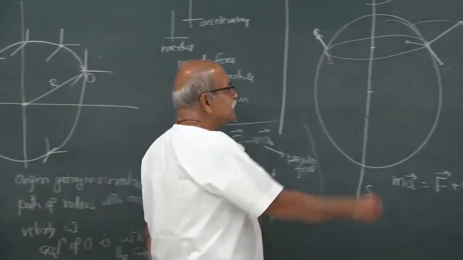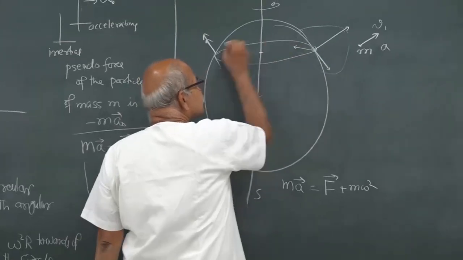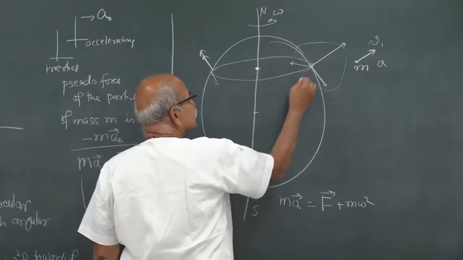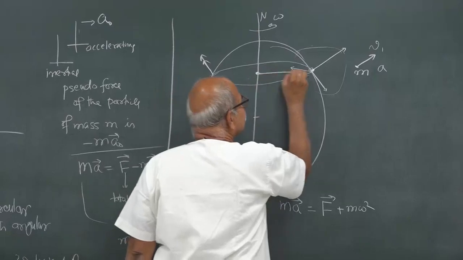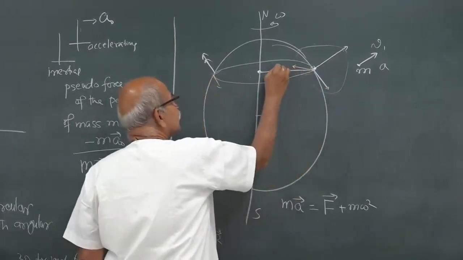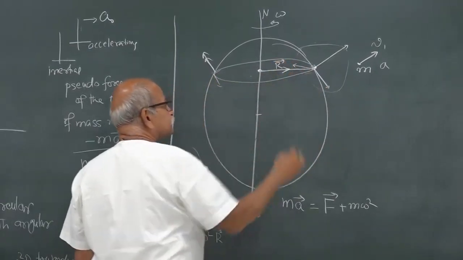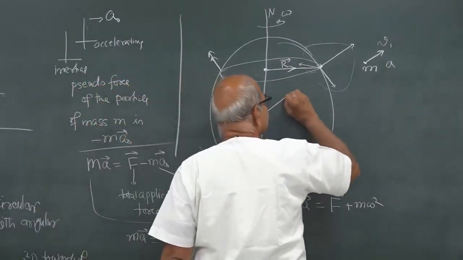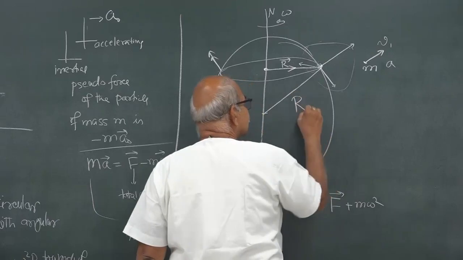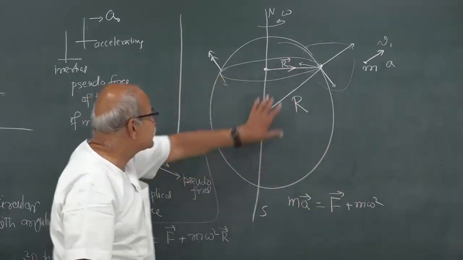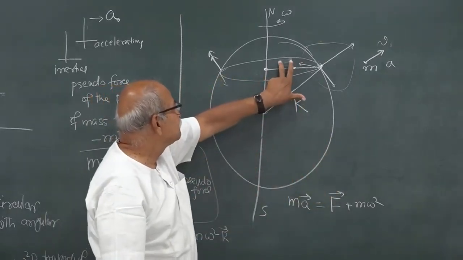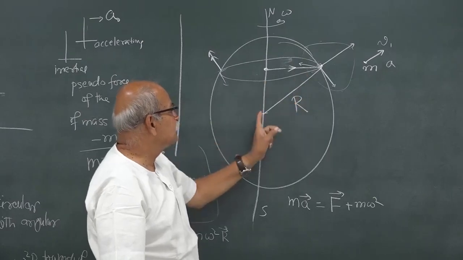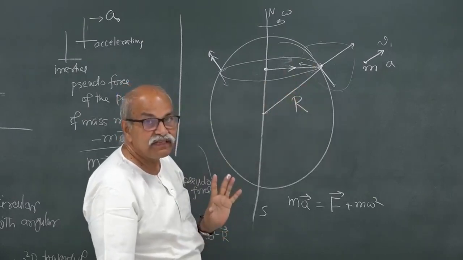So, here it will be, if I am here, then this is the circle, this is the center of the circle, here is the origin. So, this is r vector, this is r vector. And if I use this capital R for the radius of the Earth, then this r vector is here, but let me not write it r, because r I will be using for the radius of the earth.